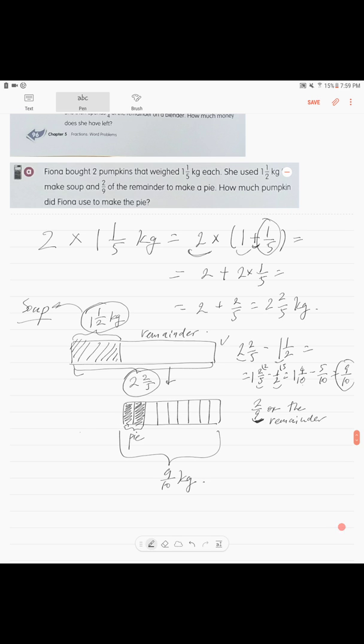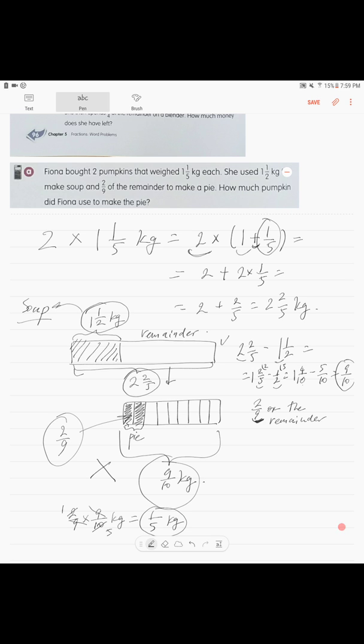How much is this part? How much is this little guy? 2/9. We need to do what? We need to multiply these numbers, right? 2/9 times 9/10 kilogram is equal, it's gonna be like this. 9s and 9s kill each other. It's gonna be 1/5 kilogram, right?